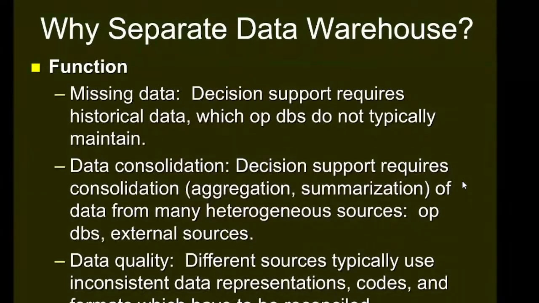Then, from a functioning point of view, missing data will always be there in normal databases. We have to fill the missing data, so data consolidation is also required. Decision support requires integration and consolidation based on the grain size. And the quality of the data is important.